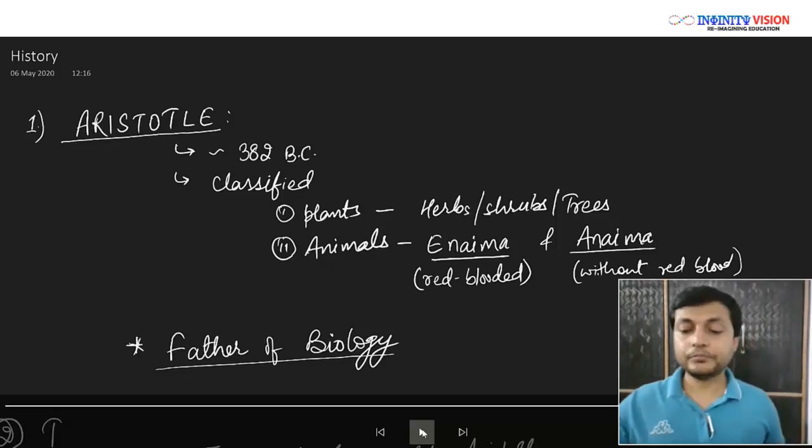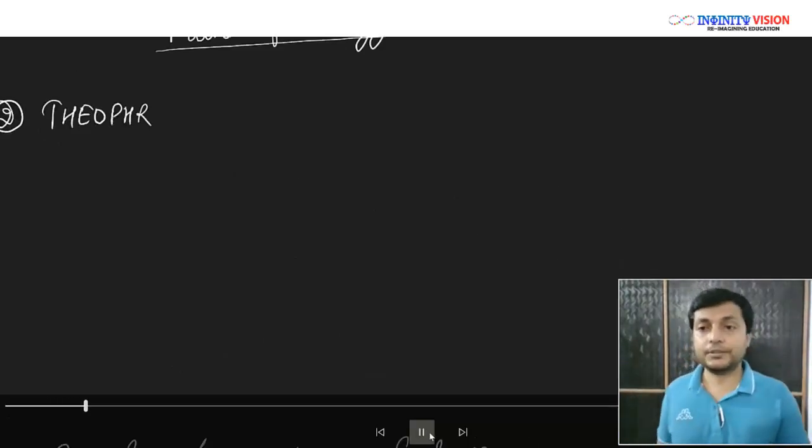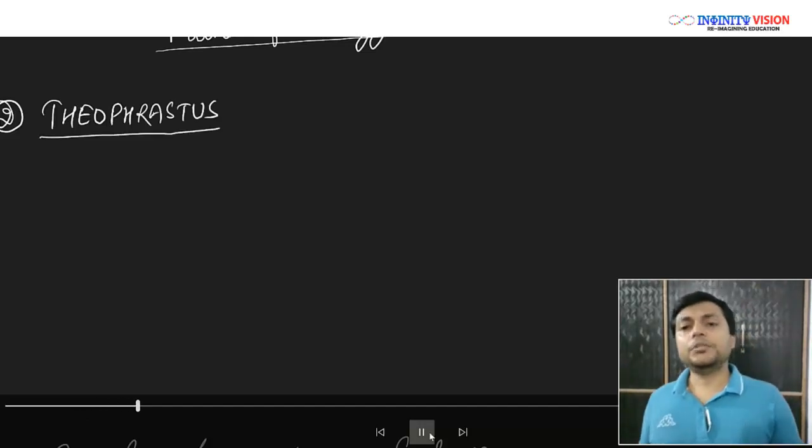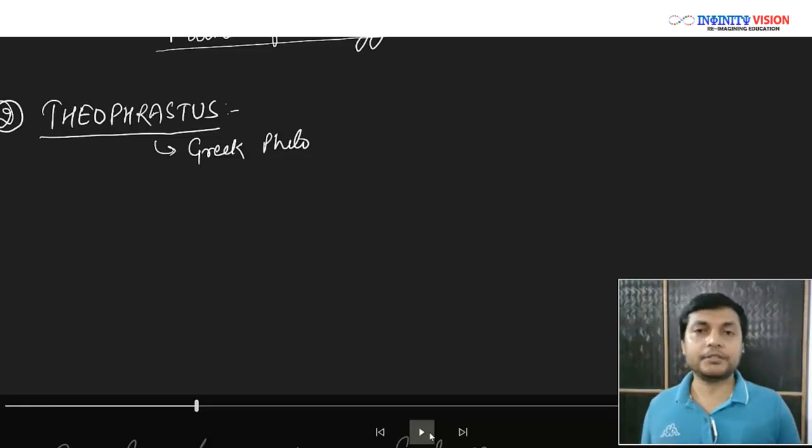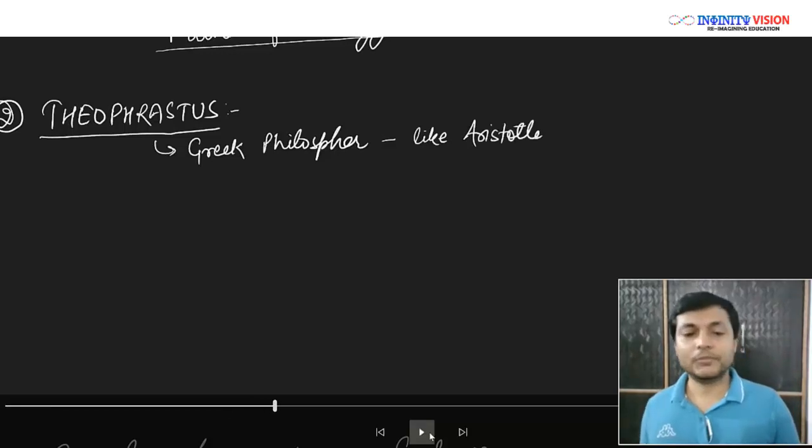Now the next person is Theophrastus. Theophrastus is also a Greek philosopher and a great disciple of Aristotle. So he is like Aristotle, like his mentor, like his teacher.